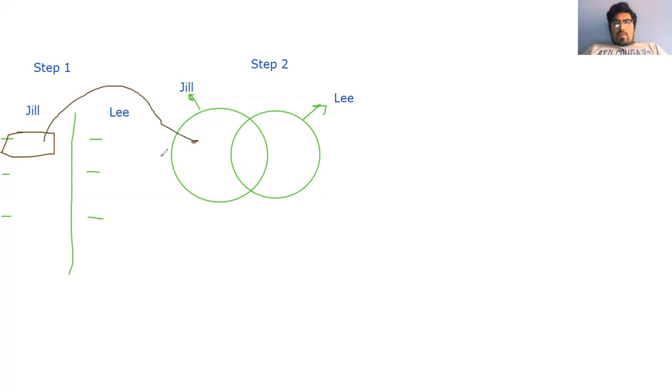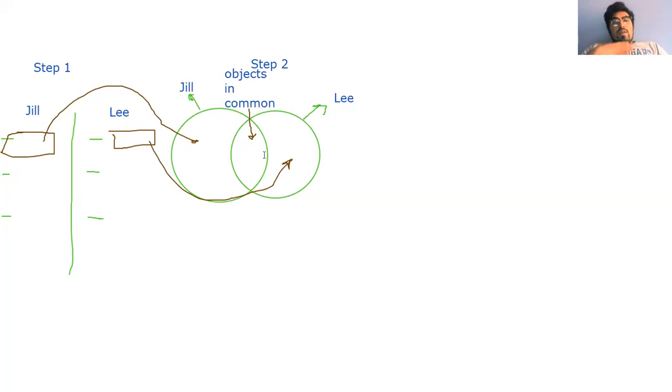You're going to write the objects here in Lee, in Jill, in Lee, and here is objects in common. How do they say objects in common? Objects in common is objetos en común.